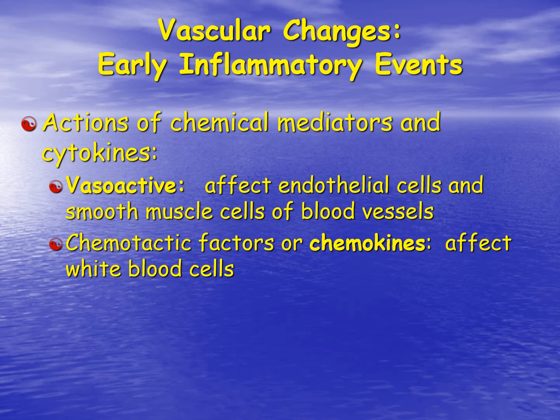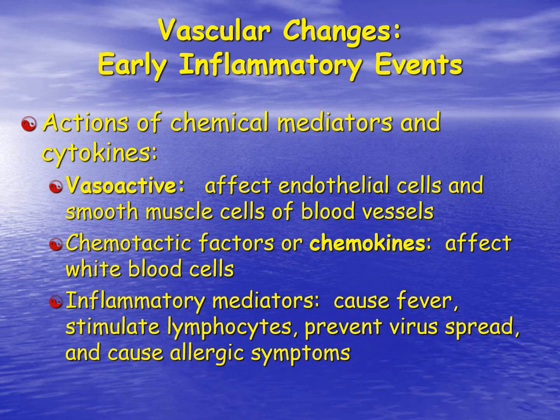So we'll stop the blood loss and we vasodilate. Some of the inflammatory mediators will cause systemic fever, some will stimulate lymphocytes, and some of them can actually prevent viral spread if this is a virus. And some actually will cause hypersensitivity reactions or an overproduction of the immune response, unfortunately.